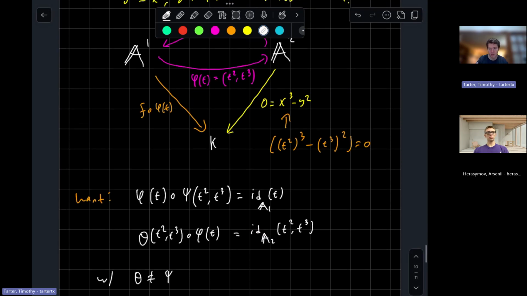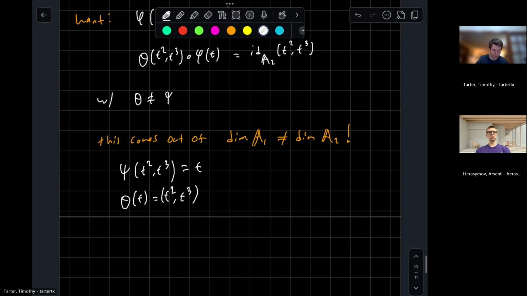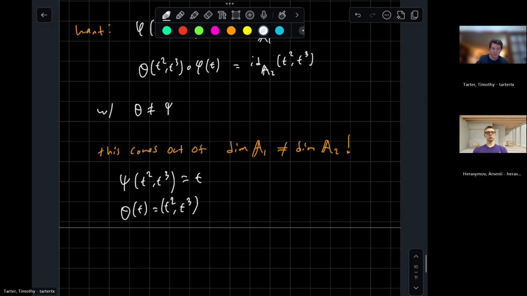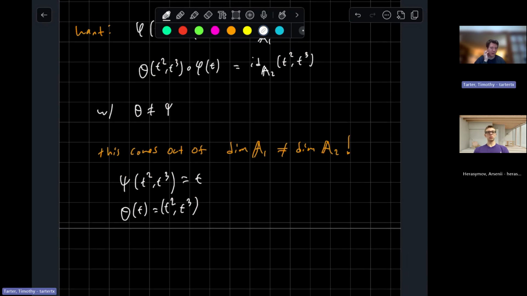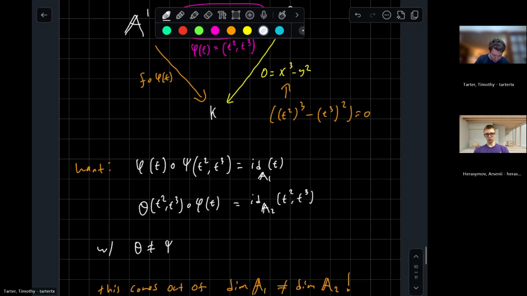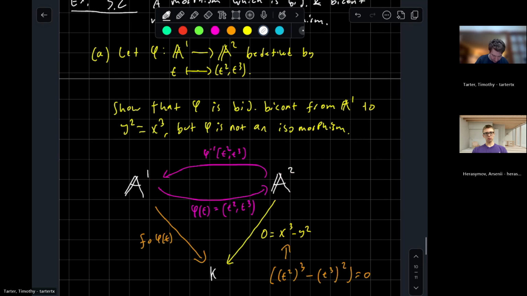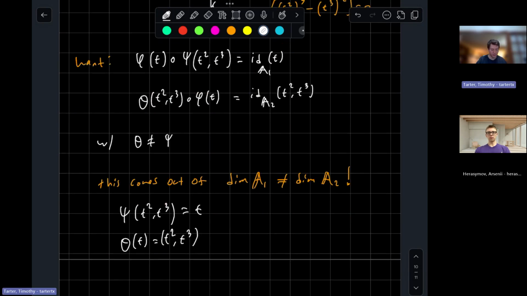And that accomplishes this. And these are very clearly not the same thing. So it is a morphism, right? We have the relationship, we can establish the relationship. But not an isomorphism.